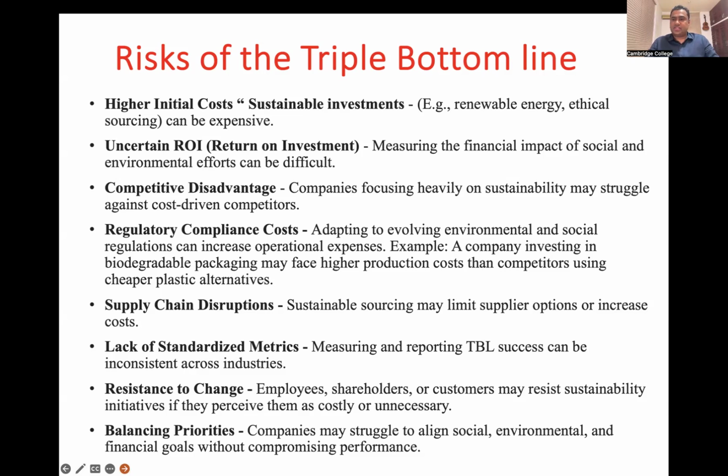Resistance to change: employees, shareholders, or customers may resist sustainability initiatives if they perceive them as costly and unnecessary. And finally, balancing priorities. Companies may struggle to align social, environmental, and financial goals without compromising performance.